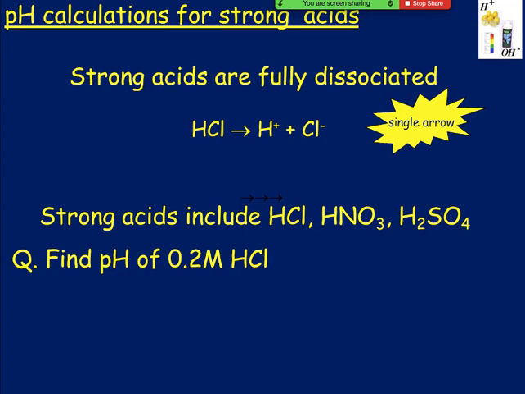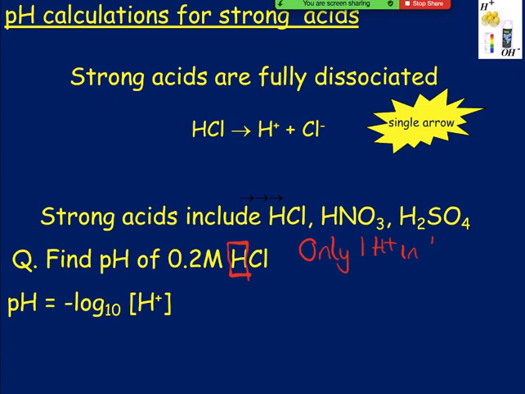So you're definitely going to need your equation, negative log to the base 10 of your H plus concentration, and you need to figure out how many moles of this I have. My whole solution is 0.2 molar. How many moles of H plus do I have? There's only one H plus in HCl.